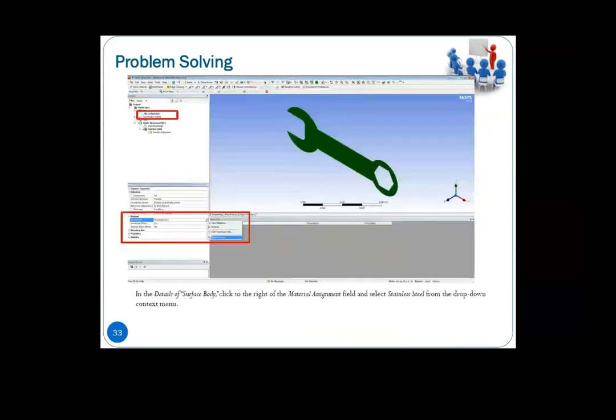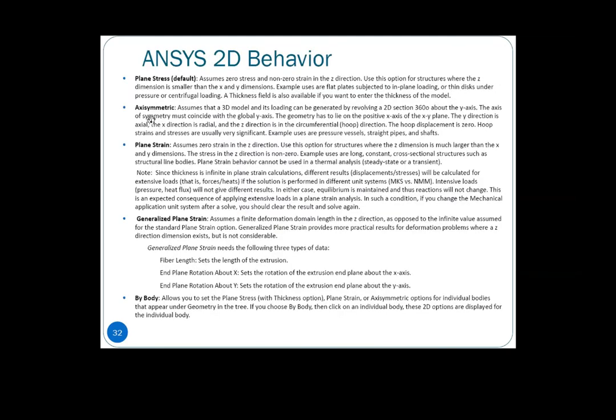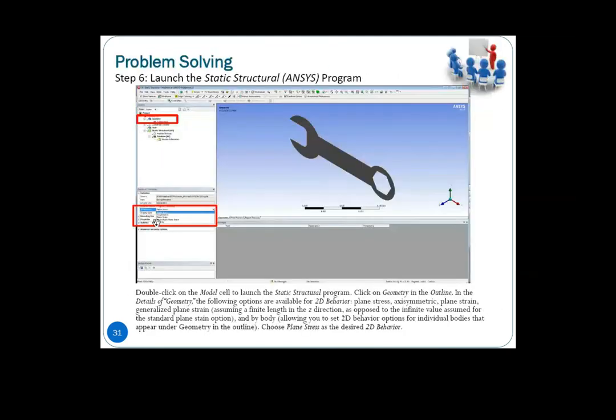Then here, basically under Mechanical, once you have done it, you can turn on Mechanical. Here, we are choosing the 2D behavior. In the previous fountain example, we were using axisymmetric, right?